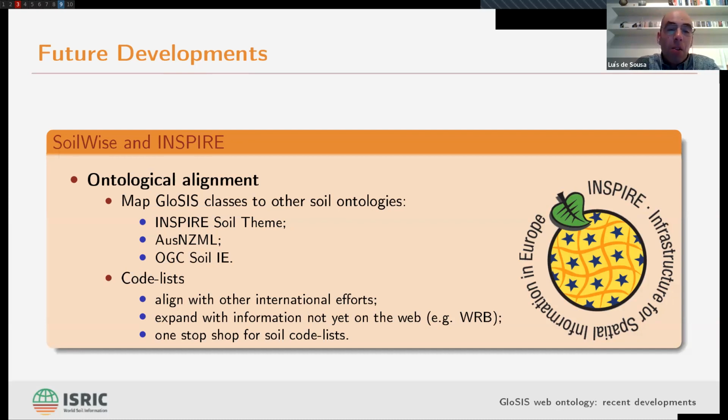And also within this scope to work towards a unified set of code lists for soil. So this is one of the ideas of my colleague Fanny van Egmond, having a one-stop shop for soil code lists, so that we move from this dispersion of code lists to something that is more unified and where everybody knows that they can get their code lists in the soil domain.